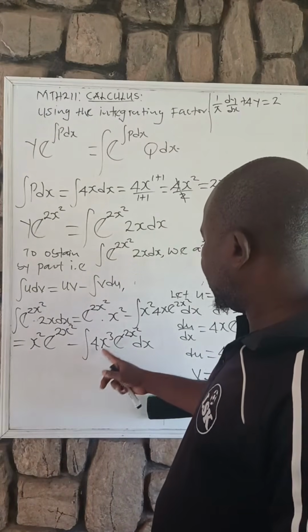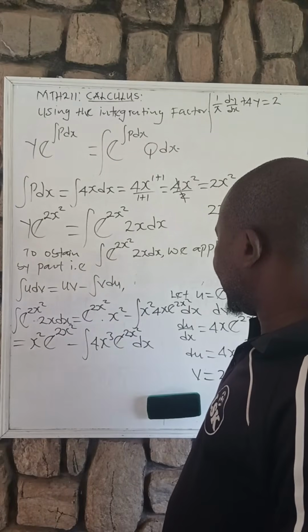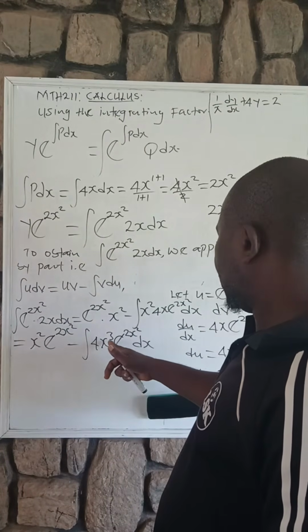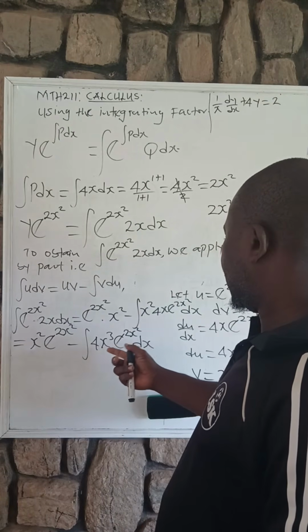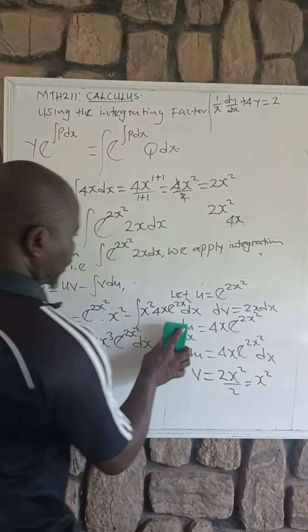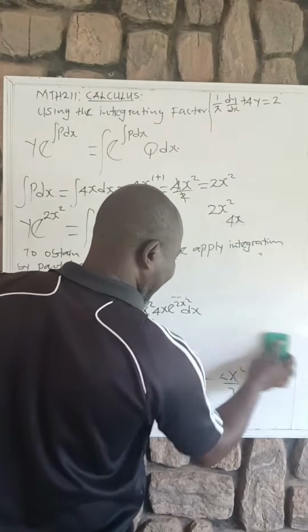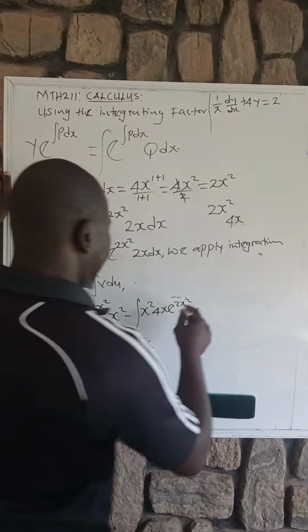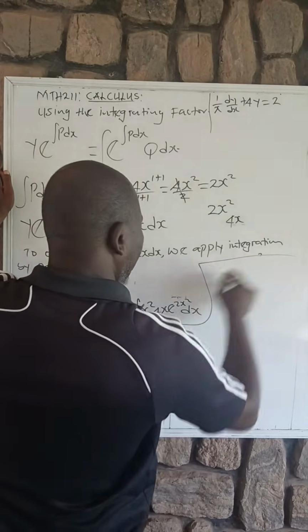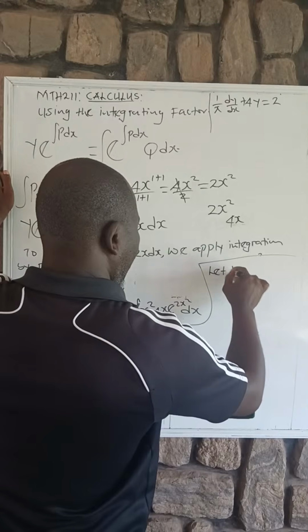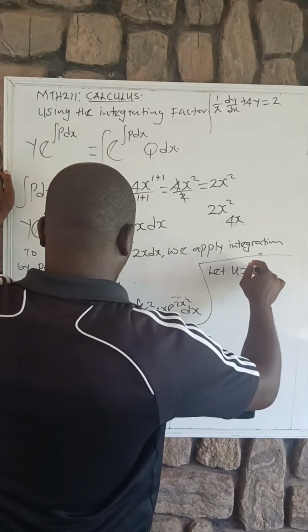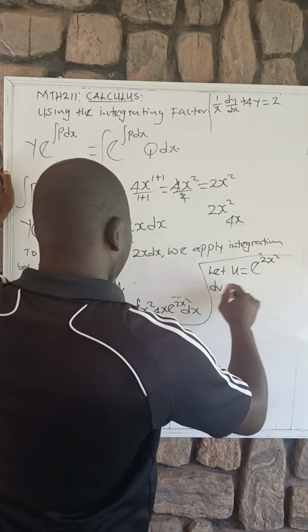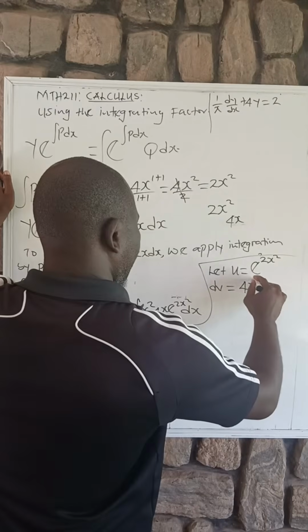We have two functions here. So we can now say let u be equal to exponential 2x squared, then dv be equal to 4x cubed dx.